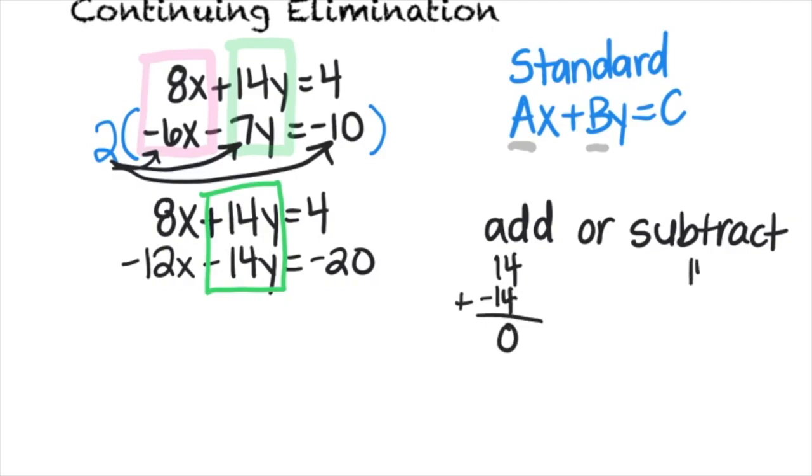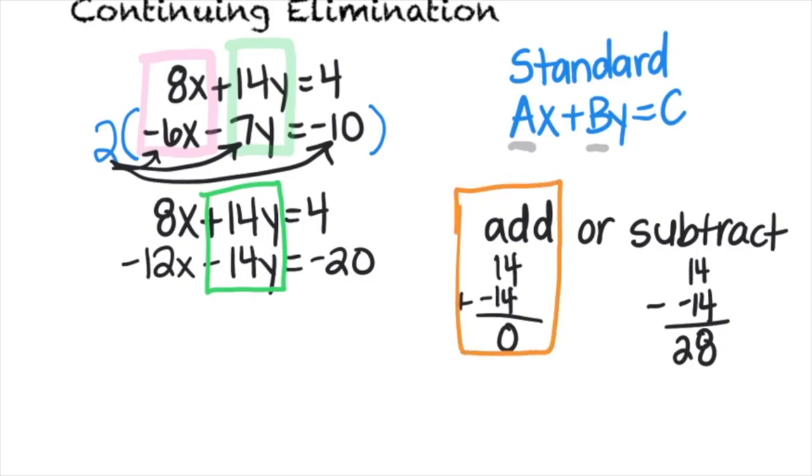If I subtract 14 minus negative 14, that's going to give me 28. And we don't want to get 28. We want to eliminate. So in this situation, we are definitely going to add, because we want to eliminate and equal 0.